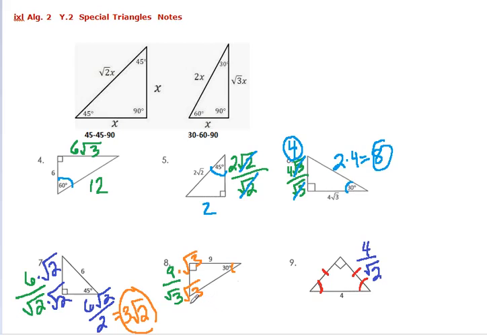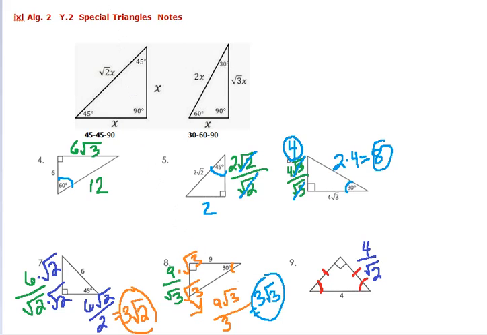Now, what we have left is, sorry, this is kind of squishy. In the numerator, we've got 9 times the square root of 3. The denominator turns into a 3. The whole numbers reduce to 3 times the square root of 3. So that's the length of the short leg there.